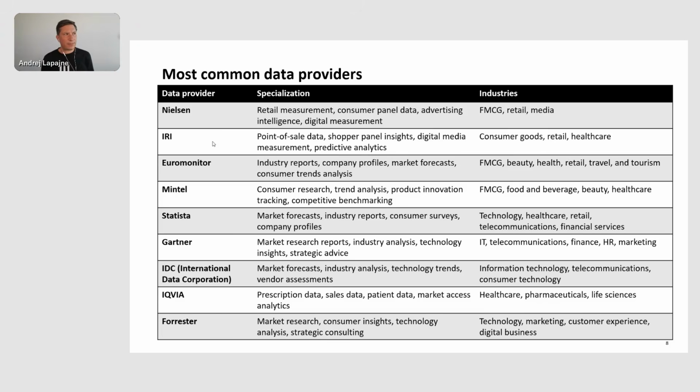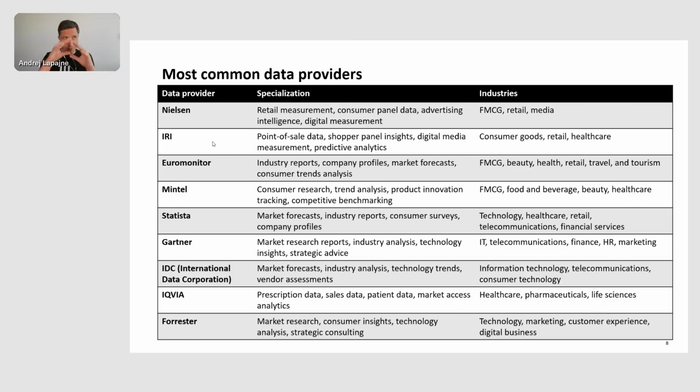Okay, so first of all, the data. Okay, so there are actually many data providers that can provide you with benchmarking data that cover KPIs like market shares and sales, like revenue and other KPIs for your company and for all of your competitors.